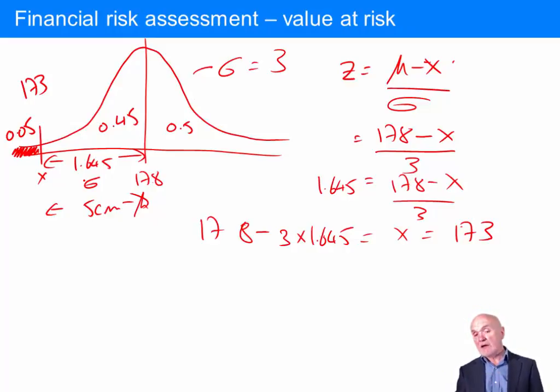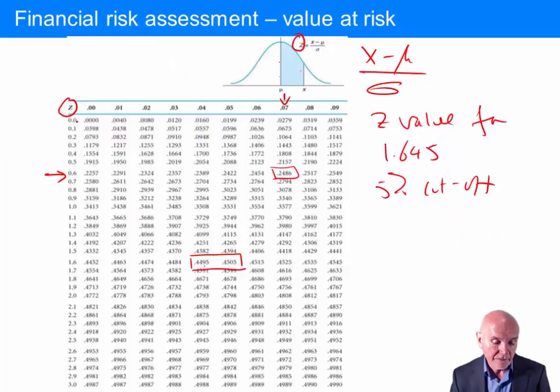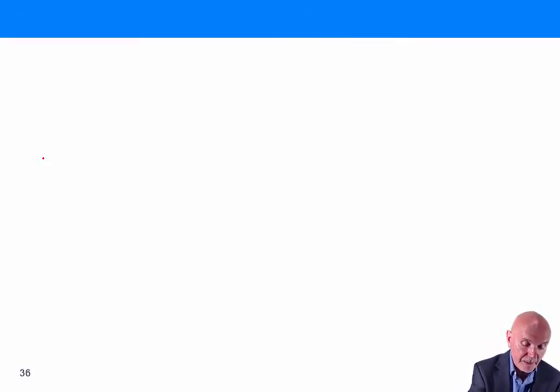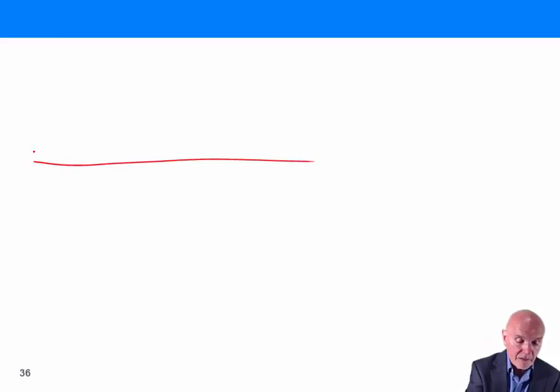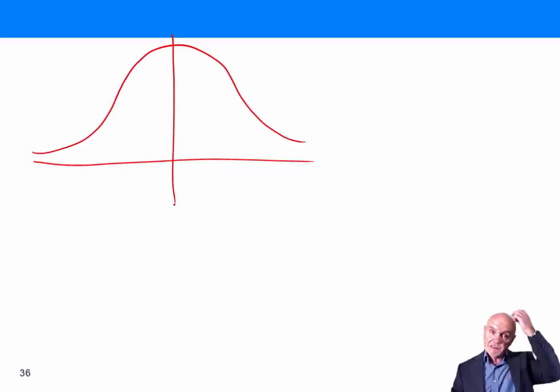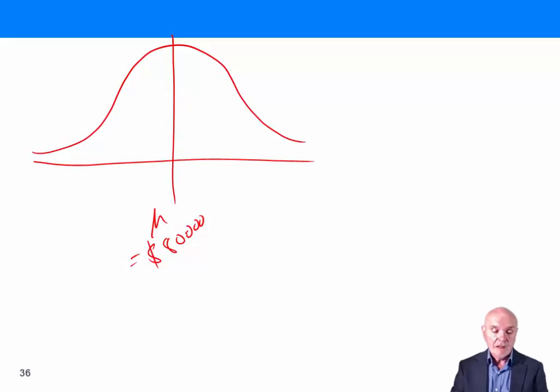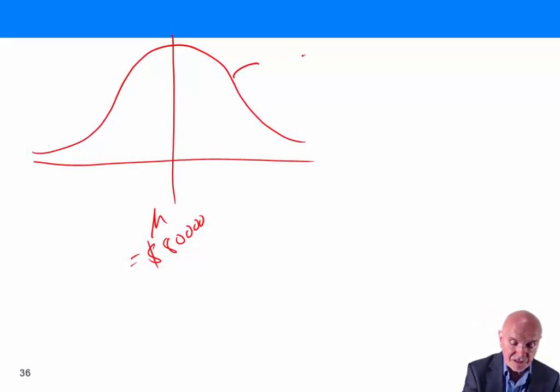So that's for height. How does it work really in share values and so on? What is this value at risk? Well, it's almost exactly the same. Let's say what you had was either a single share or portfolio shares, doesn't really matter, and let's say that its mean value was equal to 80,000. Let's say that the standard deviation, the sigma, was $5,000.